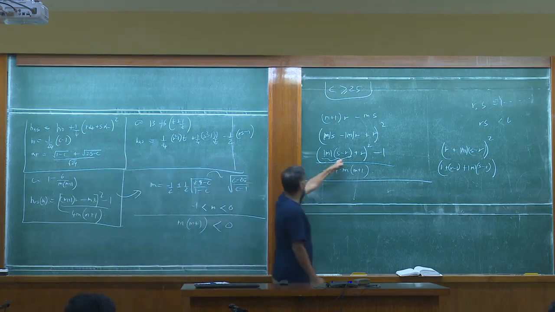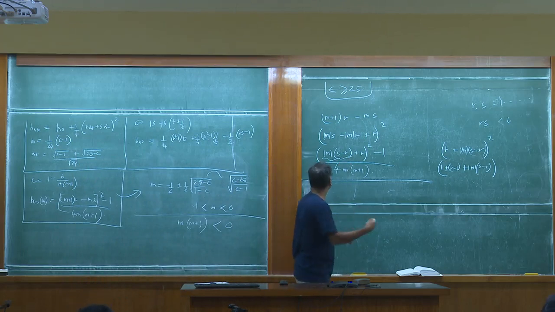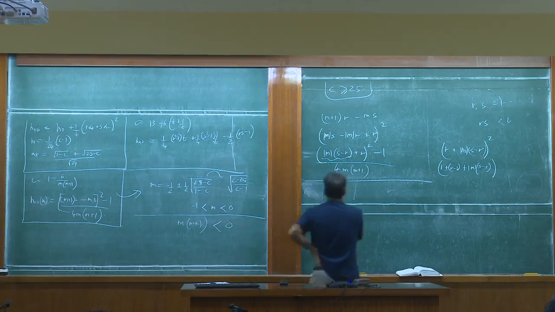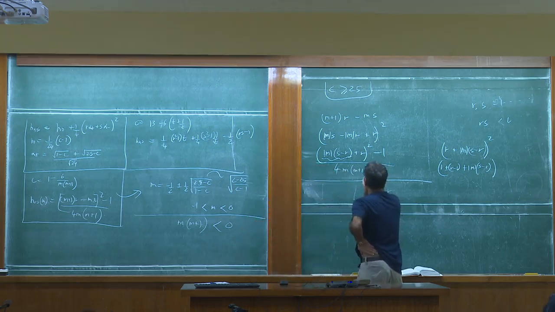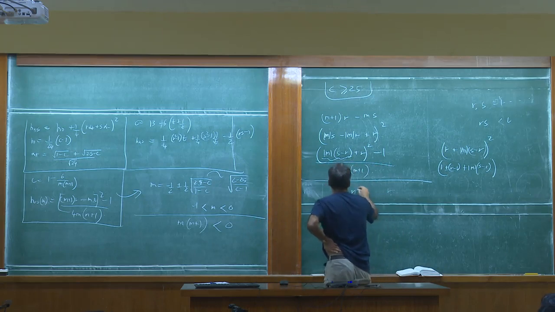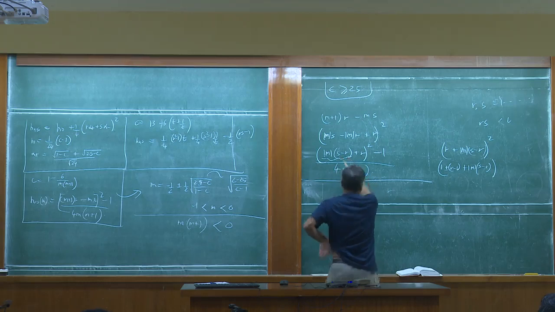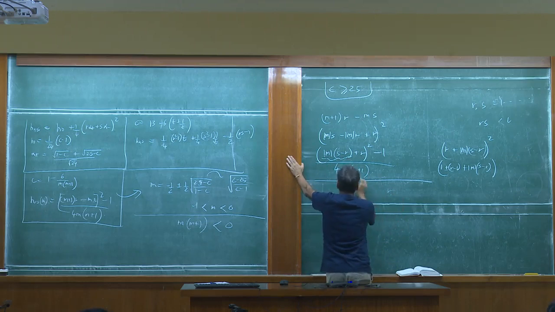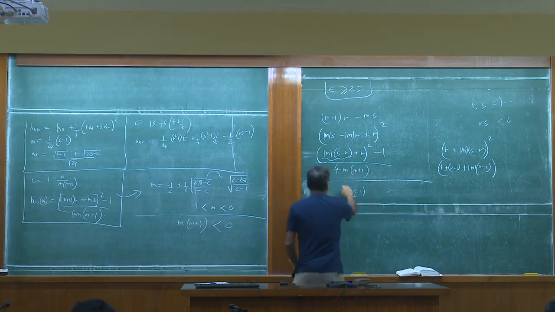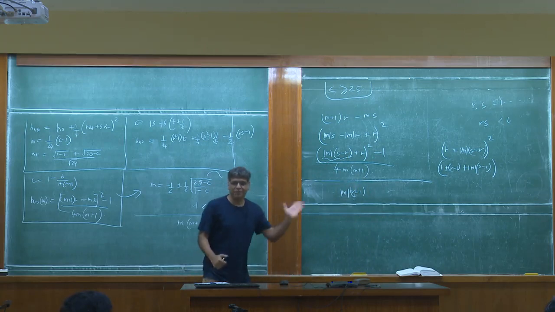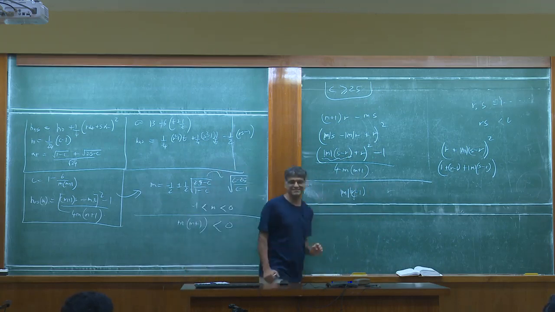So let's take the case that R is strictly greater than S. If R is strictly greater than S, then the maximum negative part could be R minus 1 into M. The modulus of this negative part can be at most this.